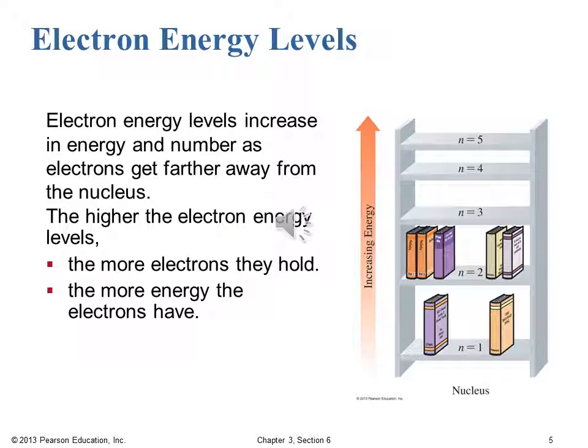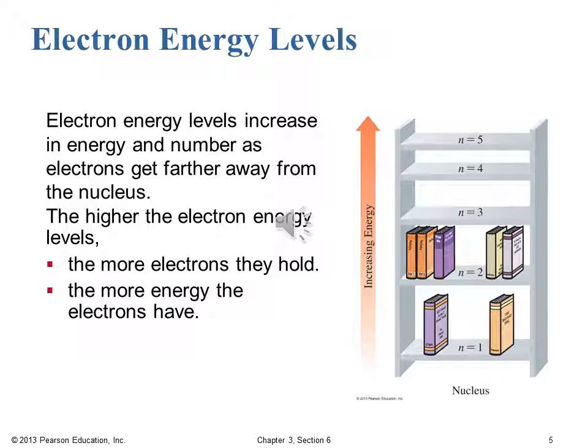Okay, so as we just said, as we move higher and higher in principal energy levels, the electrons get further and further from the nucleus. And so we have our analogy here on the slide with the books. The books on the lowest shelf don't have a whole lot of potential energy stored there. If they fall a relatively small distance, they have very little potential energy to convert into kinetic energy as they fall.